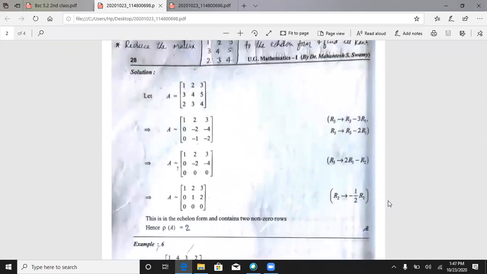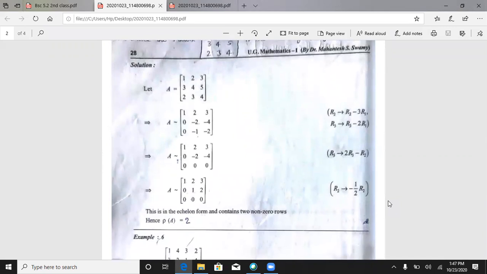Come to here, I explain here only R3 equals R3 minus 2R1.